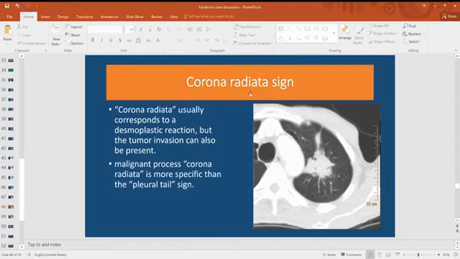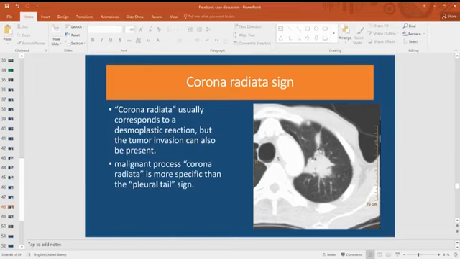So what is the corona radiata sign? As we see, it is irregular strands corresponding to desmoplastic reaction, but tumor invasion can be present, and this is a malignant process, highly suggestive of malignancy in this patient because of the corona sign.